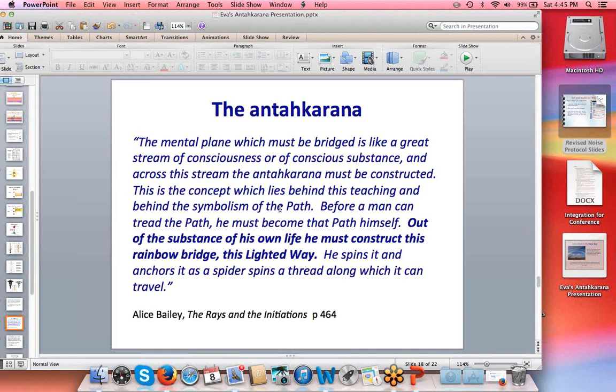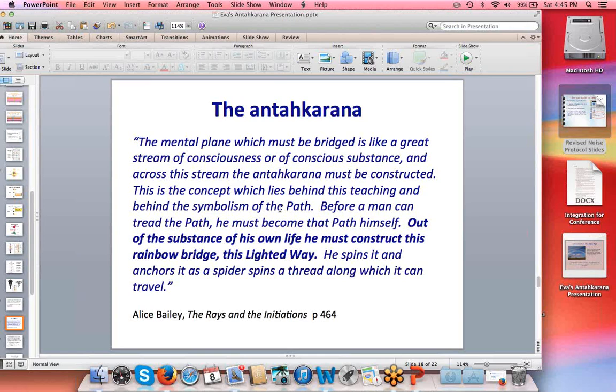I love this quote because what it tells you is that you build the Antahkarana out of your own substance, out of your own consciousness. If we had the eyes to see, and if we could see our Antahkarana, or if someone else could see it for us, they would see that the Antahkarana is in complete co-measurement to where you are on the path.